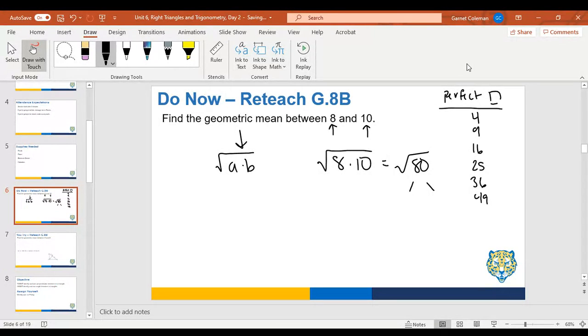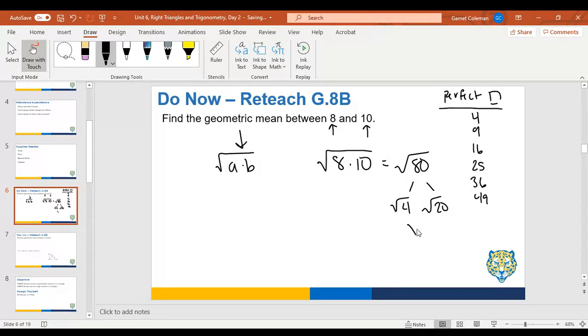So I'm going to check each perfect square. So first, let's try 4 times something. Does 4 times something make 80? I'm going to do 80 divided by 4. You get 20. Cool. So I know radical 4 and radical 20 will make 80.